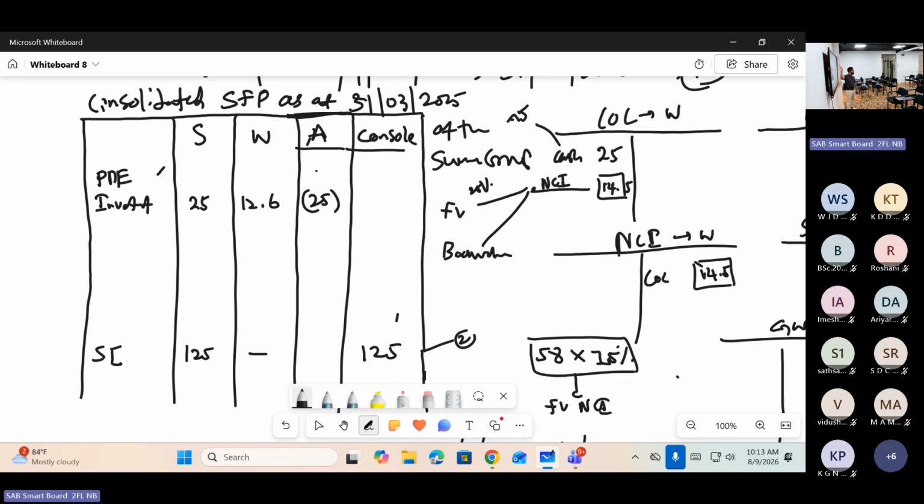Okay, we have taken all the consideration to the equity. Now we are going to transfer the equity portion as at the acquisition date.